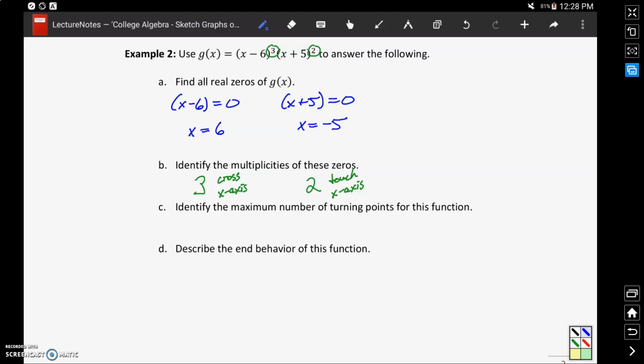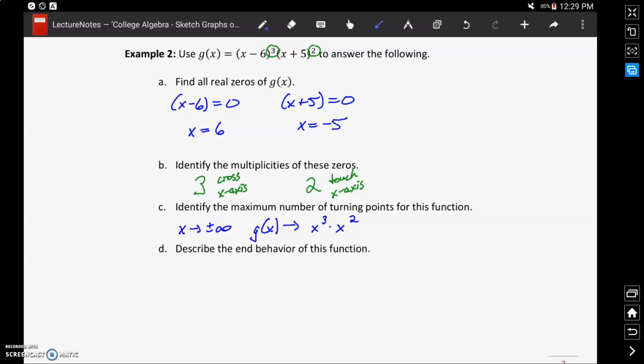We can identify the maximum number of turning points of this function by again considering what's happening to our function as we approach positive and negative infinity. Let's see, in this case we're actually considering g of x. So for those extreme values of x, our function is approaching x cubed times x squared, where again, all I'm doing here is taking the x terms of each of these factors and then also multiplying by any constant factor that we might have.